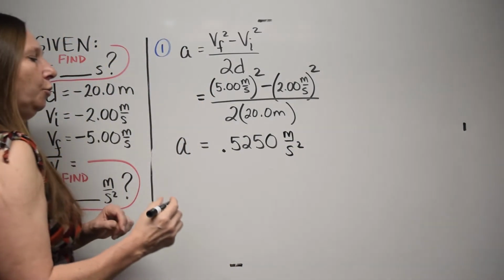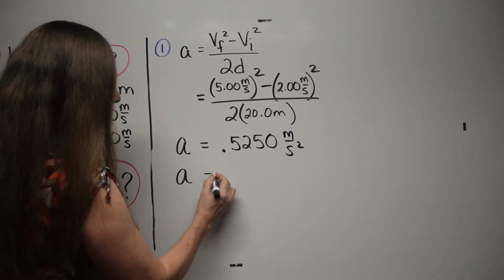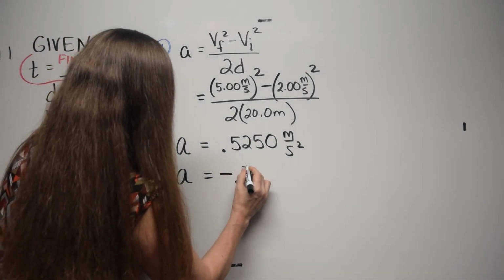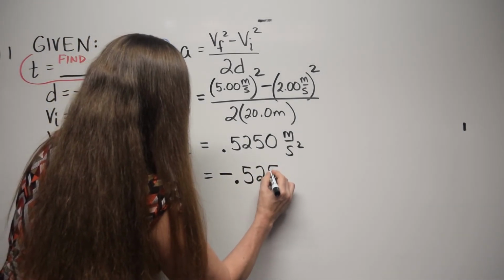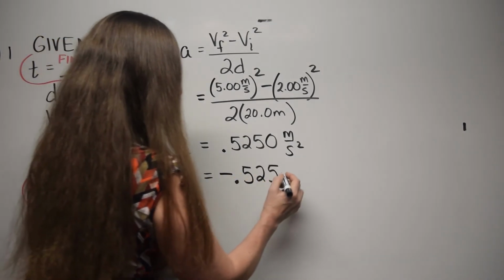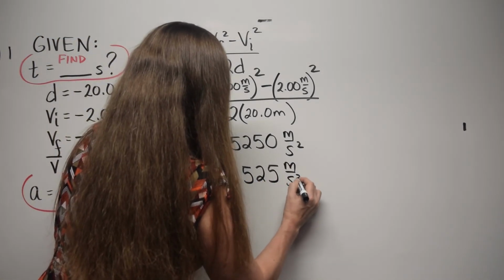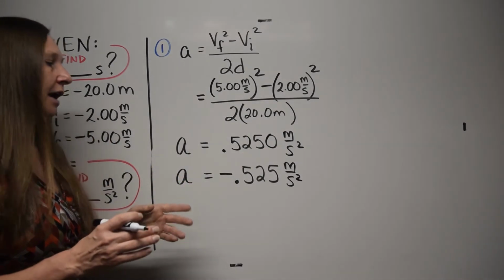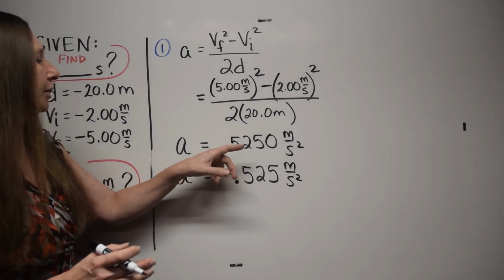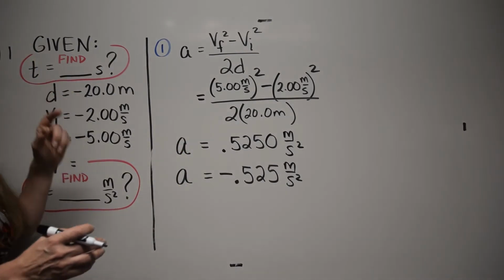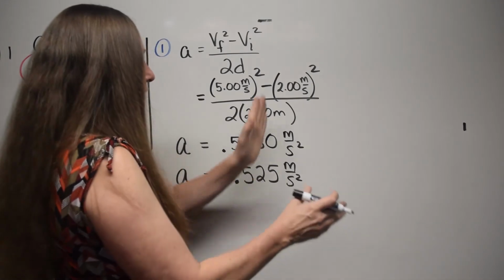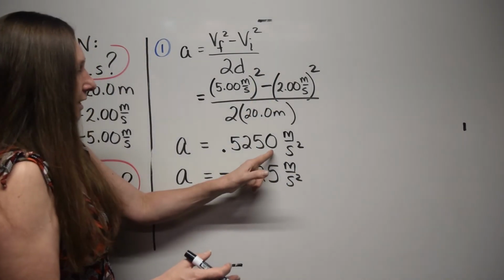Now, we have to report our answer as negative because we know that the acceleration was south. So our final answer is negative 0.525 meters per second squared. We tacked on the 0 because we got exactly 0.525, and we will probably use the acceleration to find the time. If you're going to use the number later, you need one extra digit.